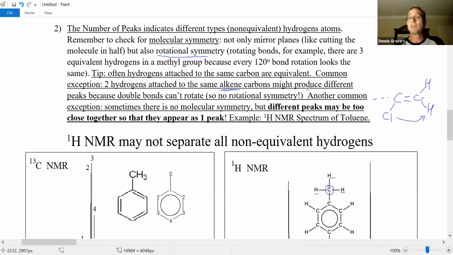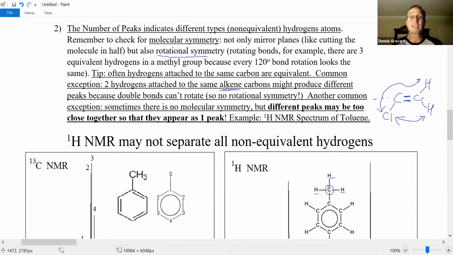Now, this hydrogen and that chlorine are cis to each other, where these are actually trans, and the double bond prevents rotation. This hydrogen is always physically, if you take a ruler, physically farther away than this one. This hydrogen is actually closer, right? Cis groups are more crowded, they're closer together. So it turns out these are no longer equivalent.